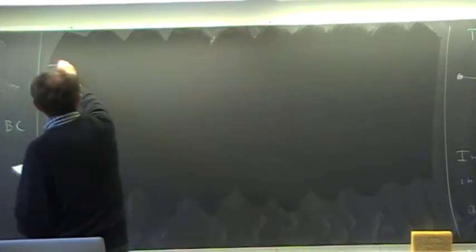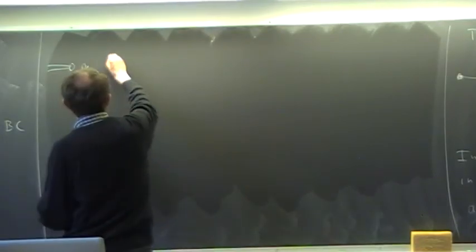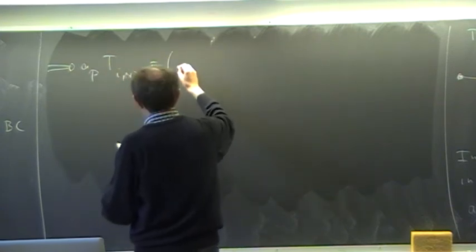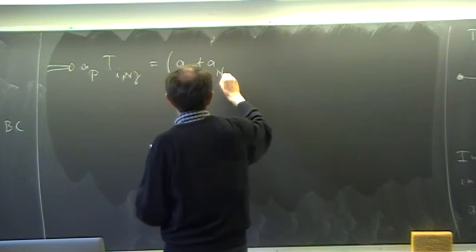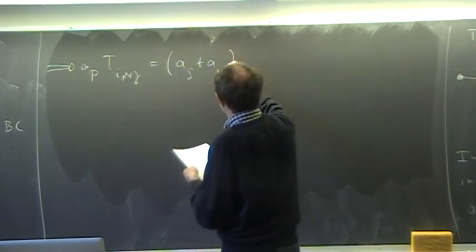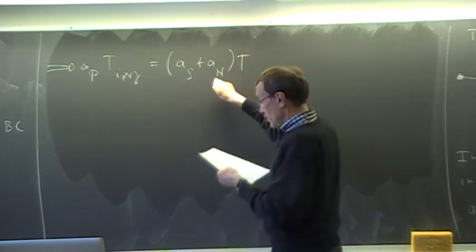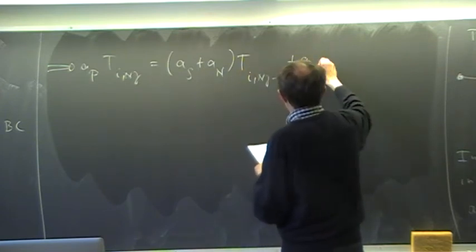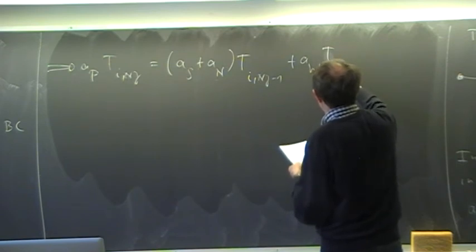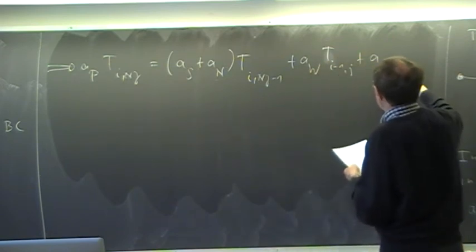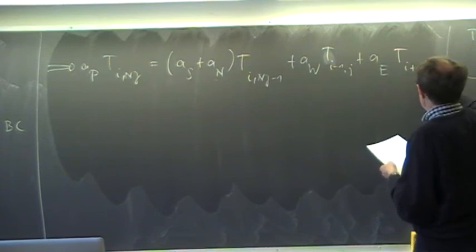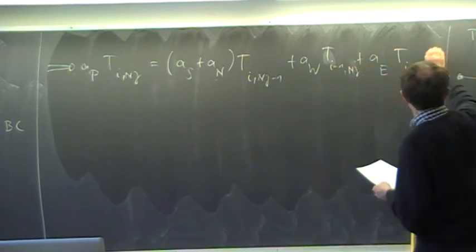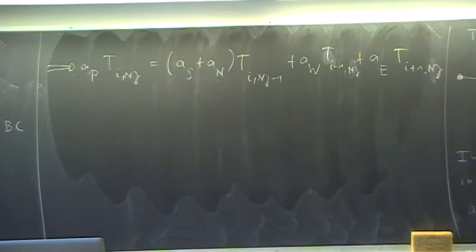From that we get that aP T i,nj is equal to, where we take part of the ghost point value into account: (aS plus aN) T i,nj-1, aW T i-1,nj, and aE T i+1,nj, which are otherwise unchanged.